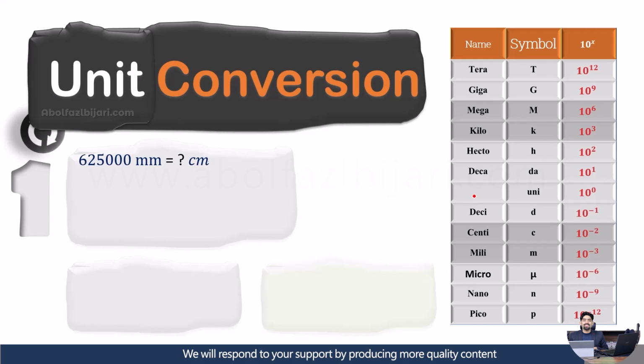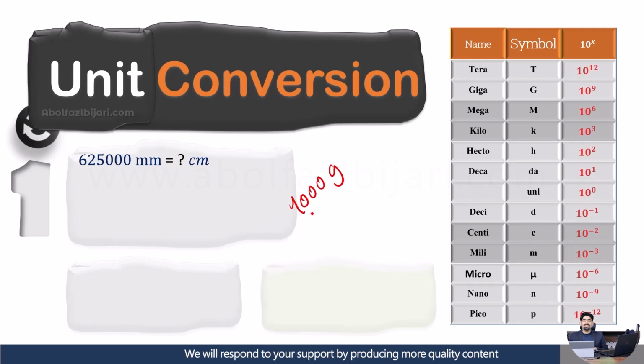What is it used for? For a very large or very small number, we have too many zeros. Instead of the zeros, we put the prefix. For example, instead of writing 1,000 grams, you can remove the 000 and put the prefix instead. 1,000 is 10 to the power 3.